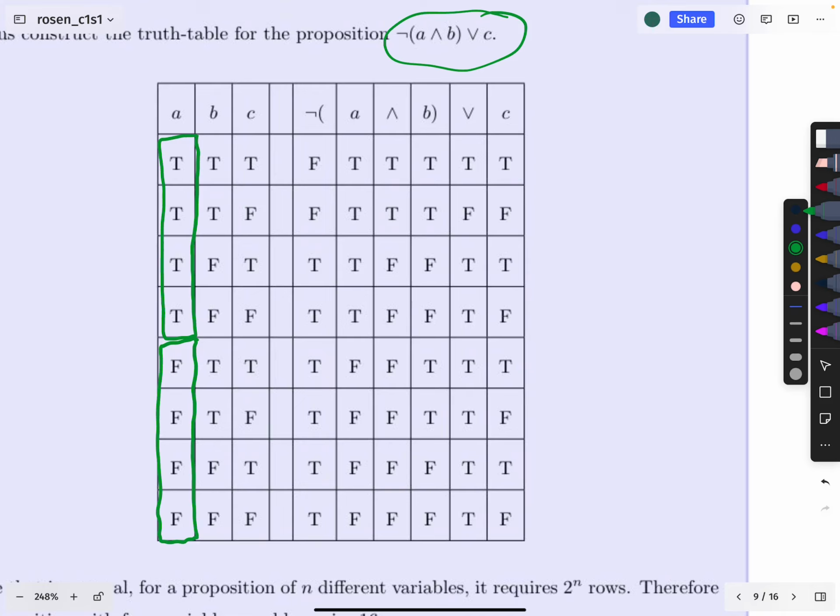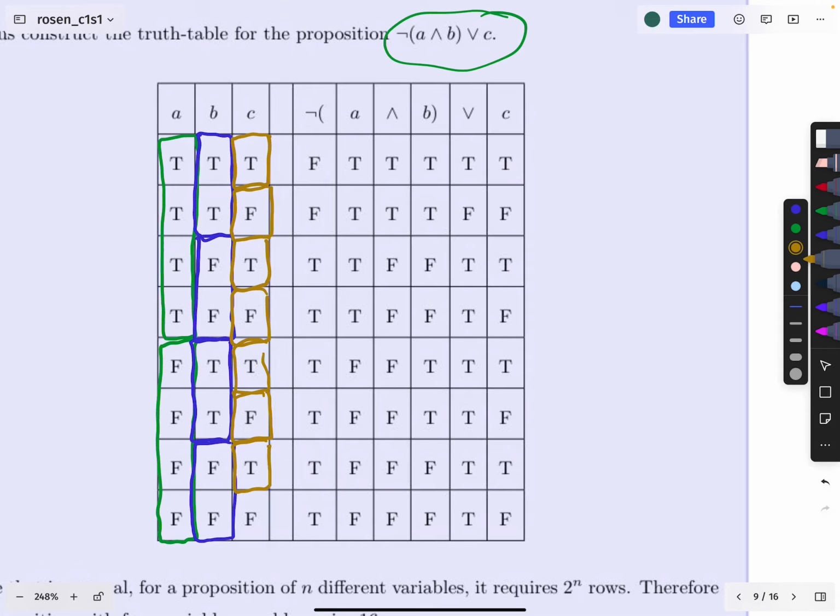But then inside of the true region, B is going to have a true region and a false region. So it's now got to eat up some extra truth table rows that way. And it's also going to have a true region and a false region inside of each of A's true and false regions. And then C also has to get a true region and a false region inside of all the others, in every one of the already existing regions.